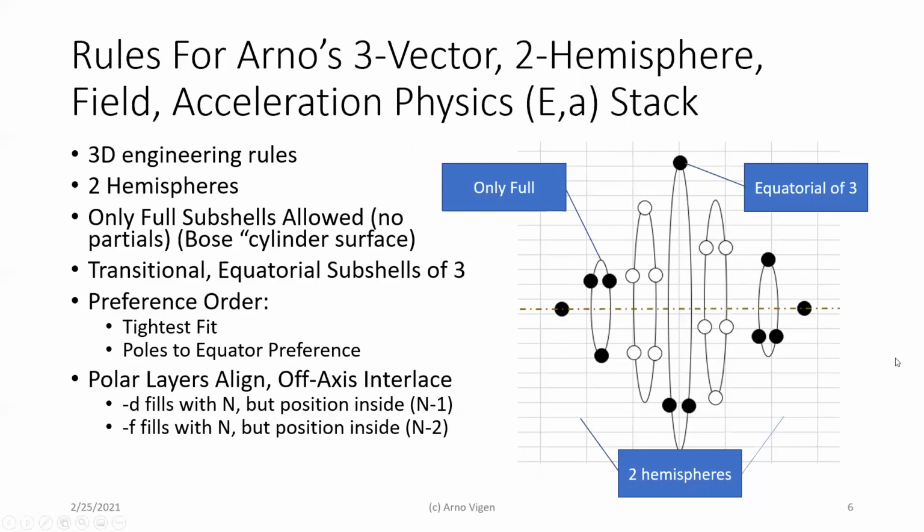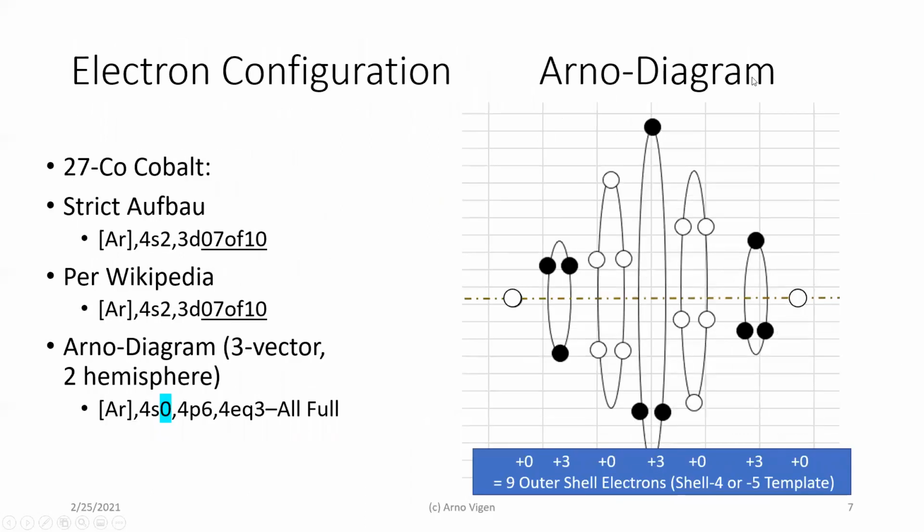Now, I call this diagram the Arno-Diagram. It's what we use for every one, and there's one for each shell, for the outer layer. This is the template for shells 4 and 5. So for the one today, I'm talking about 27 count, Co, cobalt.